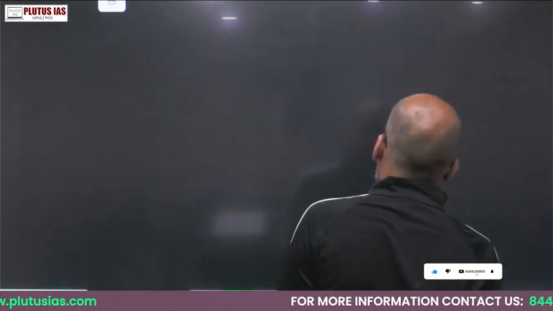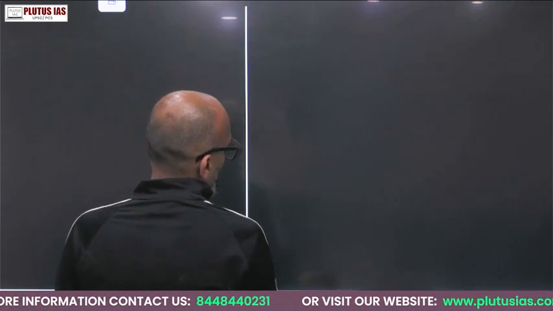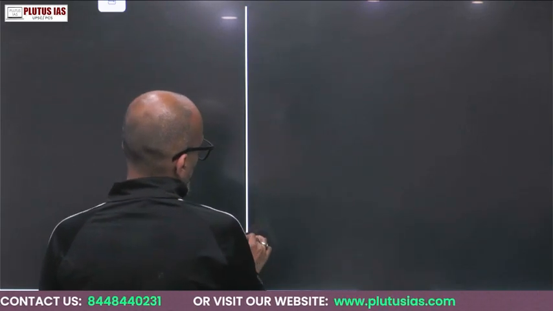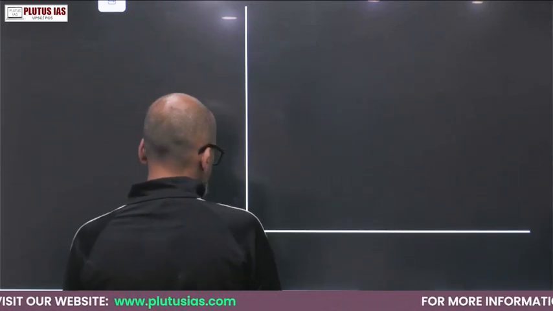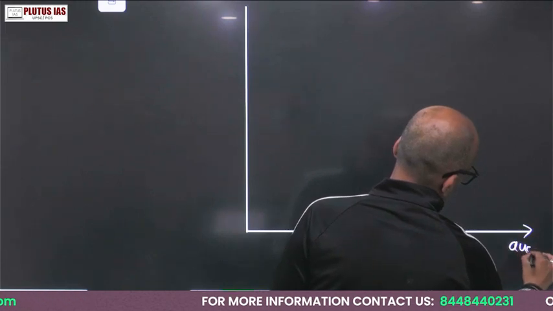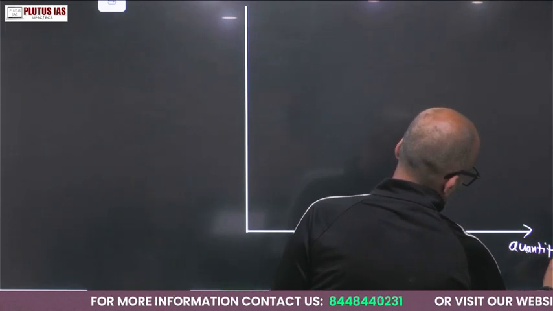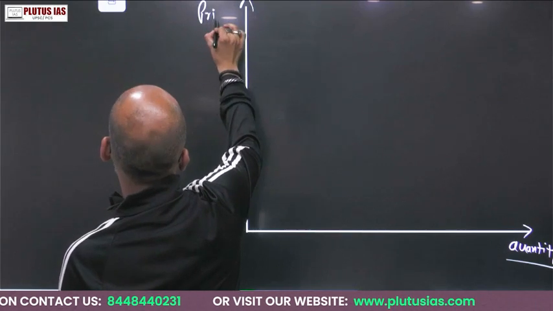Now please see, I am going to demonstrate this thing with the help of a simple demand and supply curve so that this thing becomes clear to you, right? So along x-axis I am taking quantity of the goods. Along y-axis, I am taking prices of the goods.